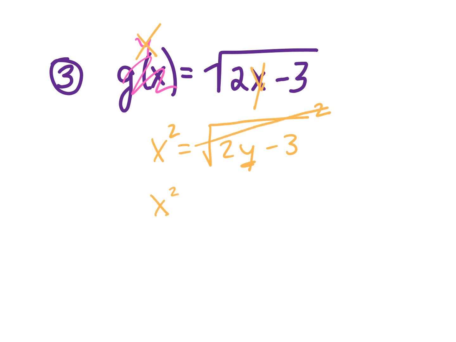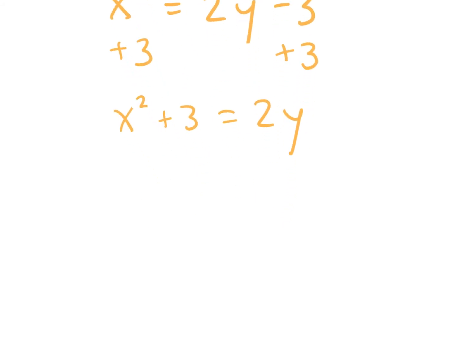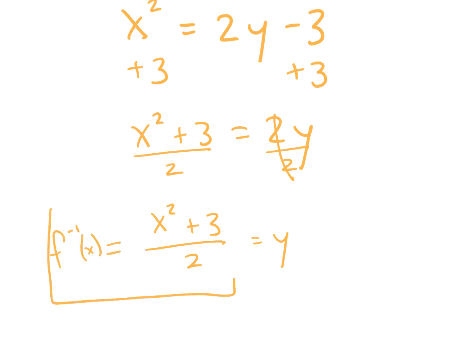So I have x squared is equal to 2y minus 3. Next, I'm going to add 3 to both sides. So x squared plus 3 is equal to 2y. And then I'm going to divide by 2. So x squared plus 3 divided by 2 is equal to y. Once I get y all by itself, I just need to name it the inverse. So f inverse of x is x squared plus 3 divided by 2.